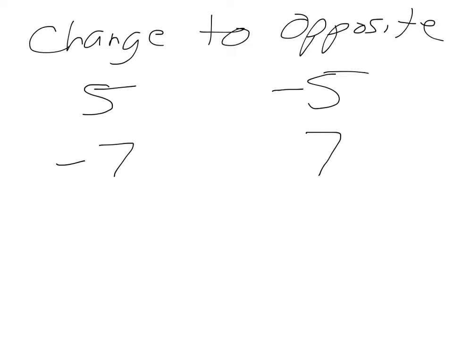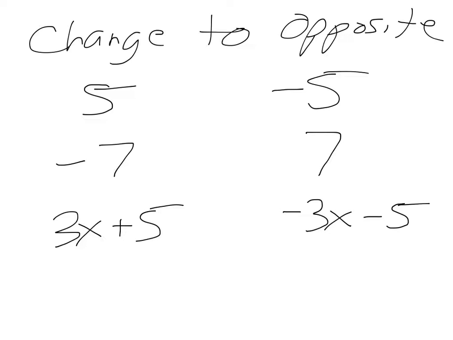So if I said, I have 3x plus 5, what is the opposite of that? It's just multiplying it by negative 1, the distributive property. See how this is all coming together? 3x plus 5's opposite is negative 3x minus 5.